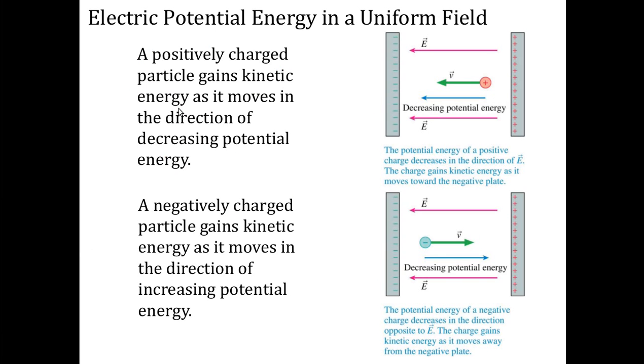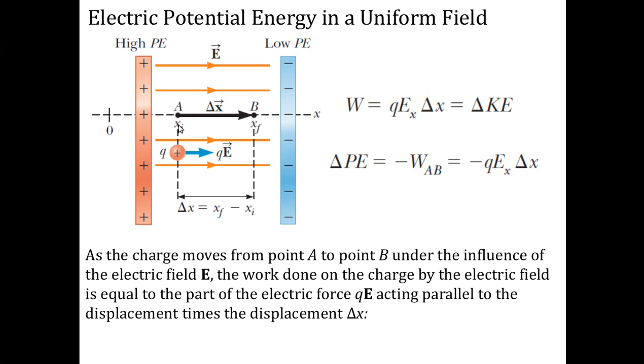Okay, so this particle is going to travel from x initial to x final. The electric field is going to push a positive charge in the positive x direction, so my displacement is positive. It's pointing in the positive x direction. The electric field is also pointing in the positive x direction.